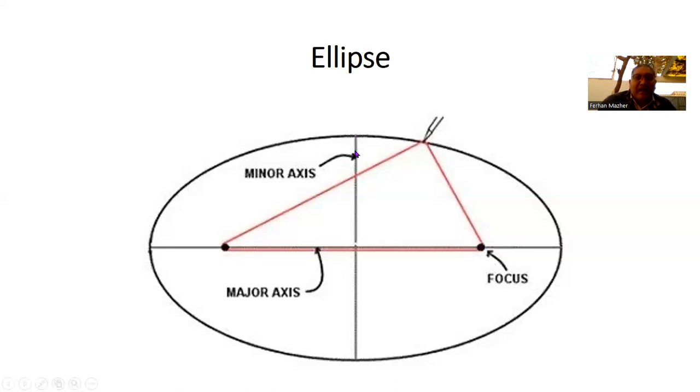Then draw a perpendicular line which passes through the middle point of the major axis. This perpendicular line is called the minor axis of the ellipse. The point where both axes intersect each other is called the center of the ellipse.